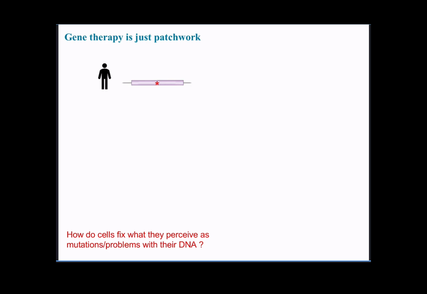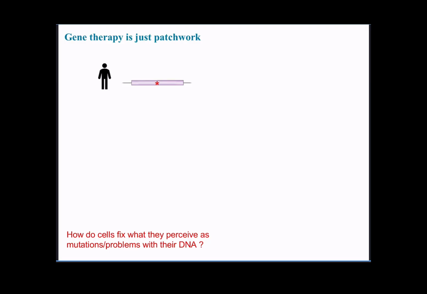Okay? So let's imagine that there is a given gene, and the cartoon here shows that little red asterisk to indicate, for instance, a point mutation. Right? And I know I make it sound like it's just some silly example, but many monogenic diseases are caused by known point mutations that make those genes non-functional. Right?